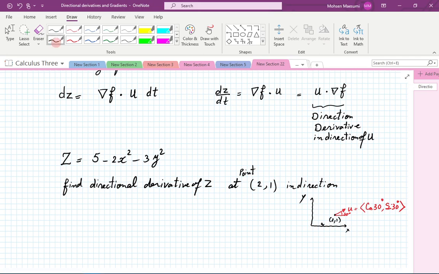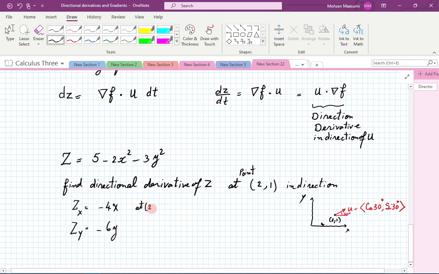So how do we calculate the directional derivative? First of all, I need to have my partials. So I calculate partial with respect to x and partial with respect to y. If you want to call this thing f of x and y, then this will be f sub x, f sub y, but let's just simplify that. zx, zy. z with respect to x, minus 4x. z with respect to y, minus 6y.